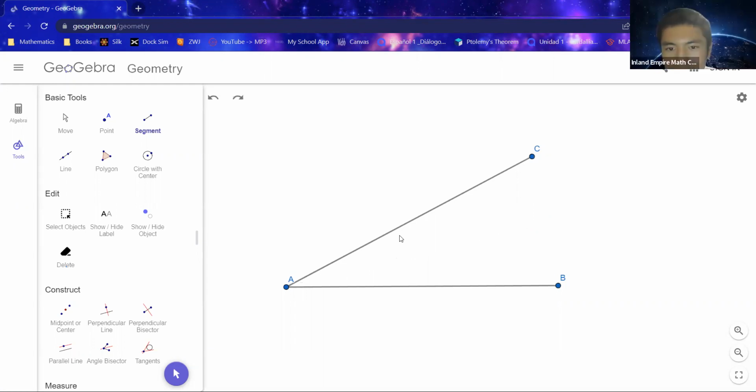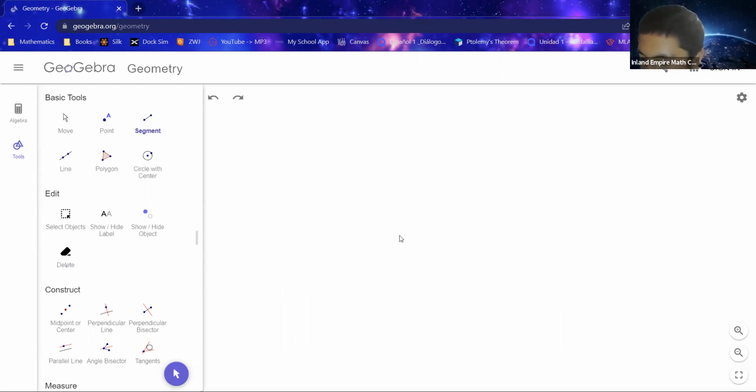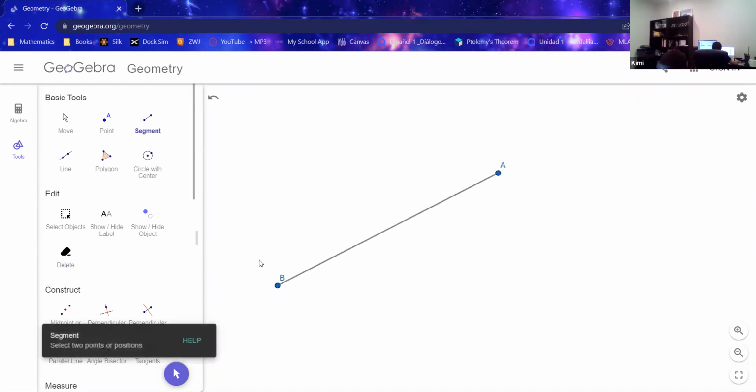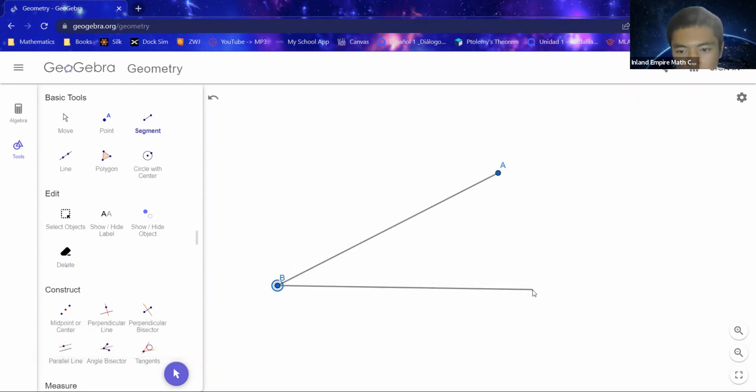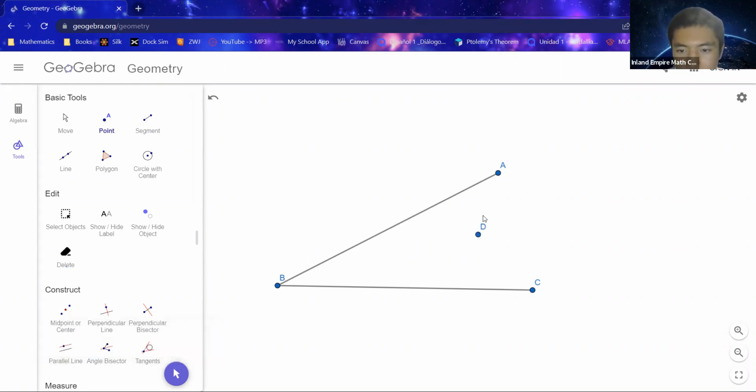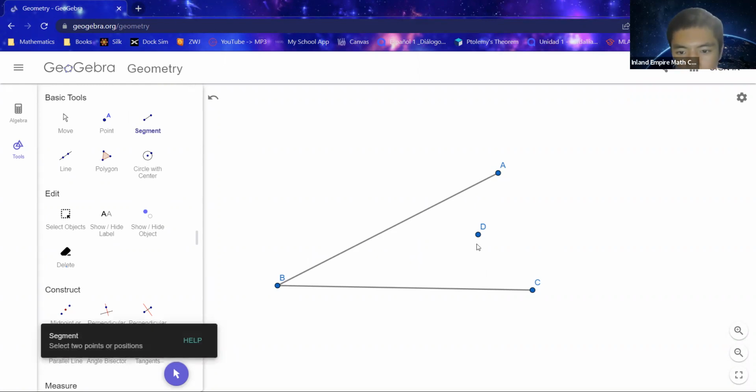Good. All right. And now we're going to prove something similar to the thing we proved with perpendicular bisectors. We're going to prove that if a point inside this angle right here is equidistant from the two line segments, then D is on the angle bisector of this angle.